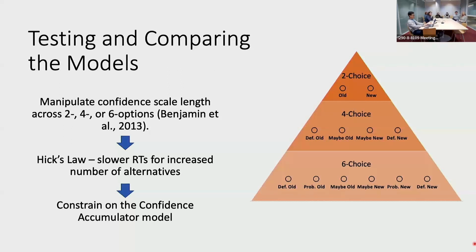But just as well, the model ends up doing okay. This may be because the speed up is balanced out by the way evidence is partitioned. When you go from 2 to 6 options, you're not just having multiple accumulators that speed things up, but at the same time, you're also partitioning decision evidence into more and smaller bins, which slows things down. So it ends up doing reasonably well.